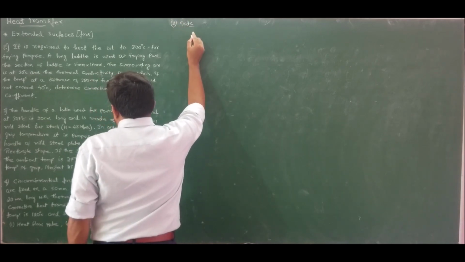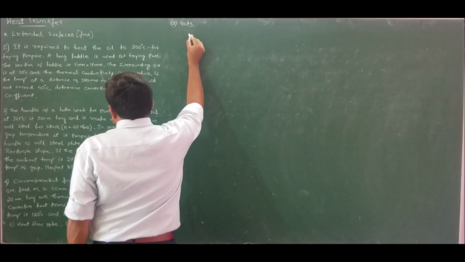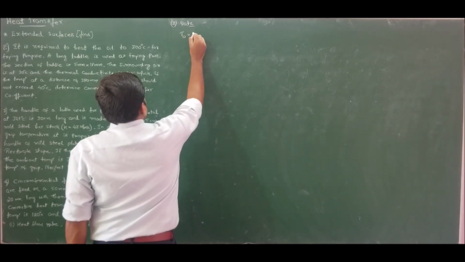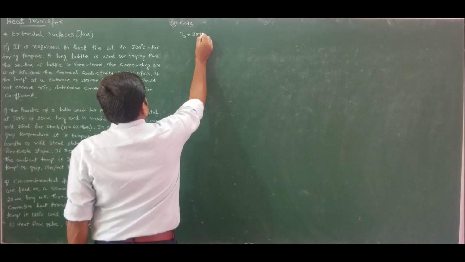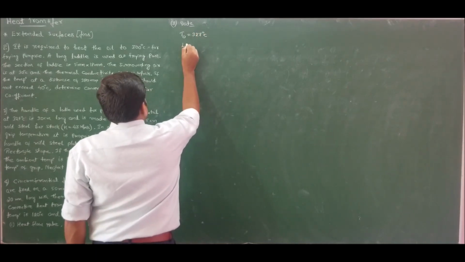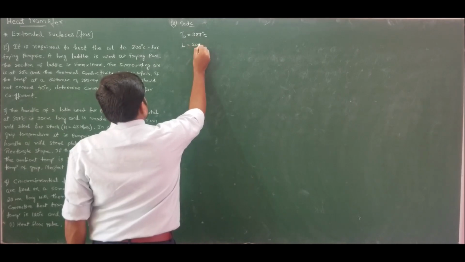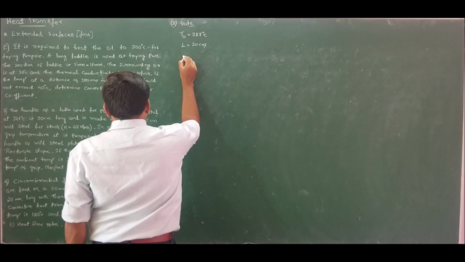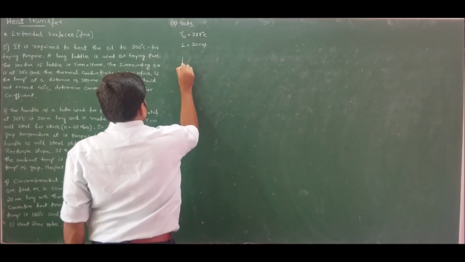The handle of a ladle used for pouring molten metal is at 327 degrees Celsius, that is, base temperature is specified as 327 degrees Celsius. The length of the ladle is specified as 30 centimeters and it is made up of a rectangular cross section.